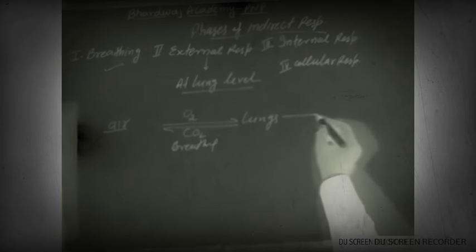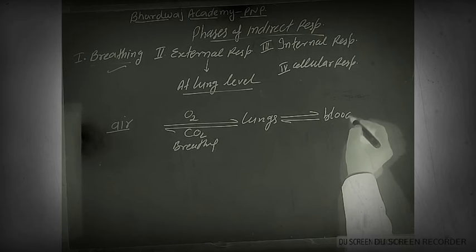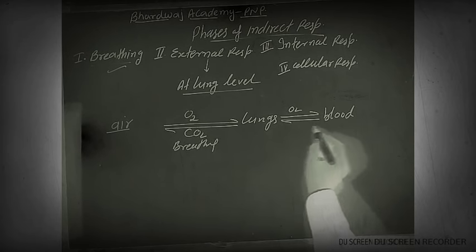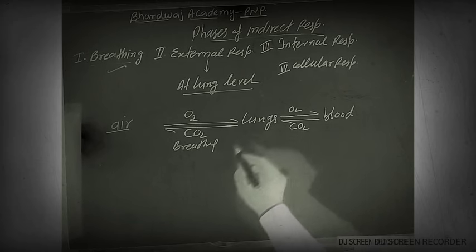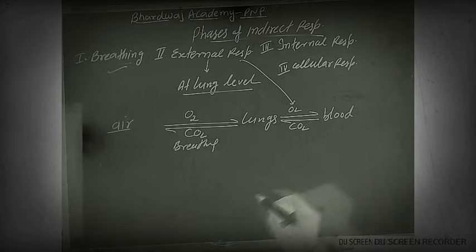Then from the lungs, oxygen enters into the blood and carbon dioxide enters into the lungs. This is called external respiration.